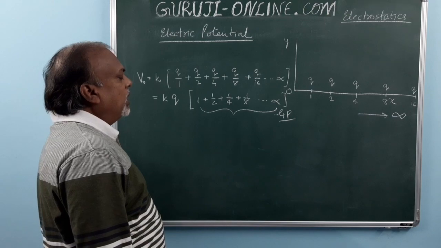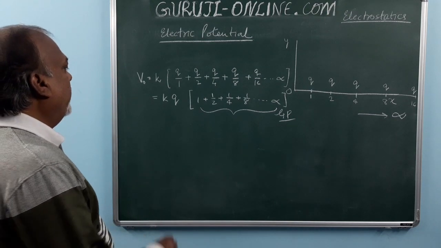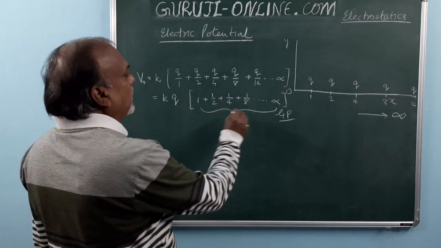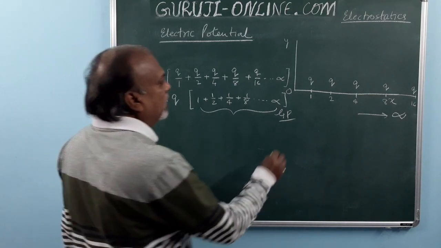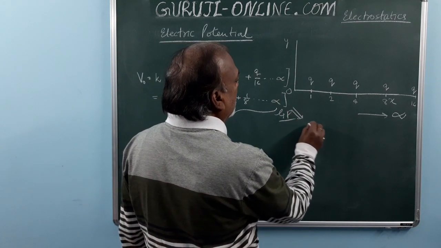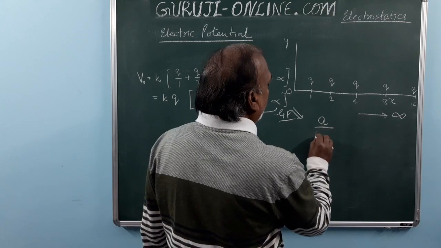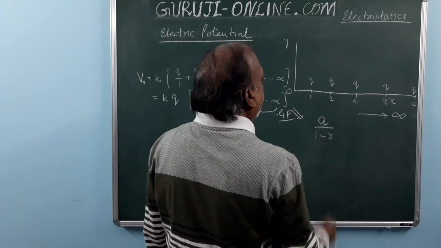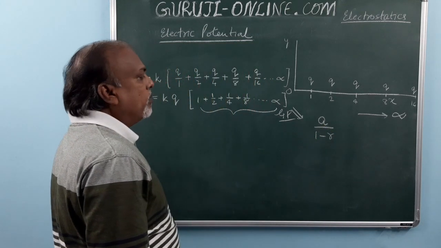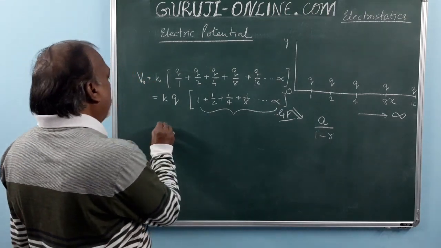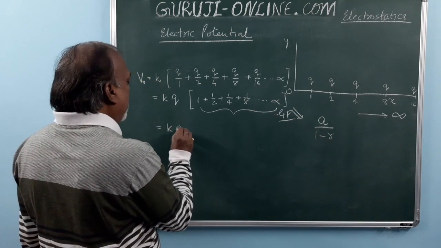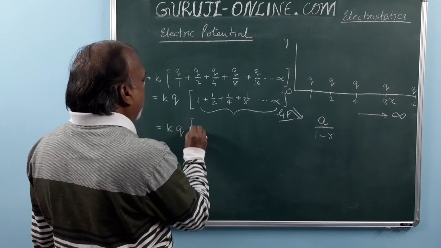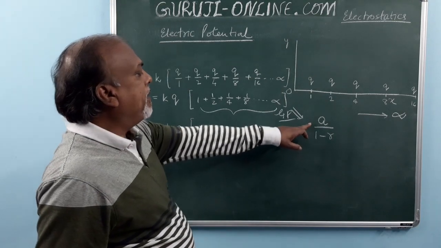In a geometrical progression, we know that the sum will be A upon 1 minus R. What is A?